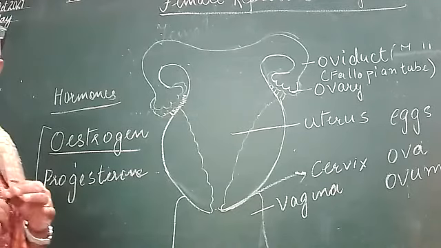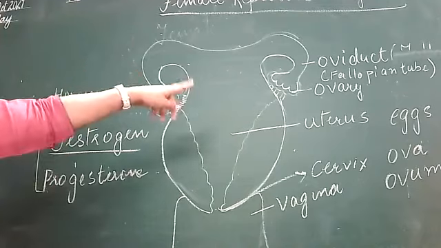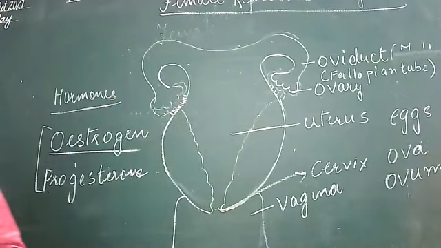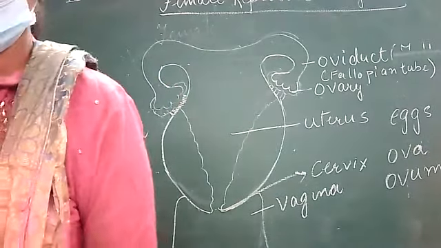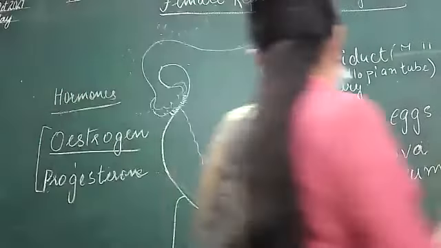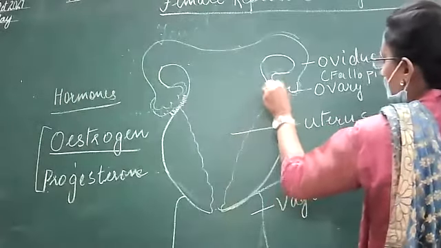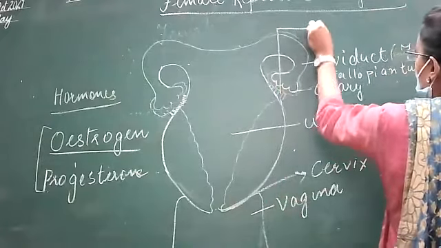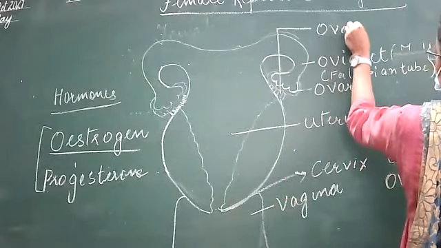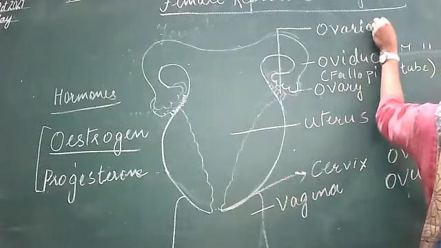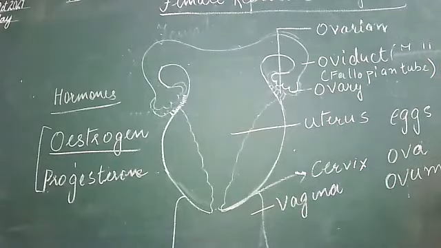So what else? And now these lines are left. These are known as ovarian ligaments. These lines, label it as ovarian ligaments.